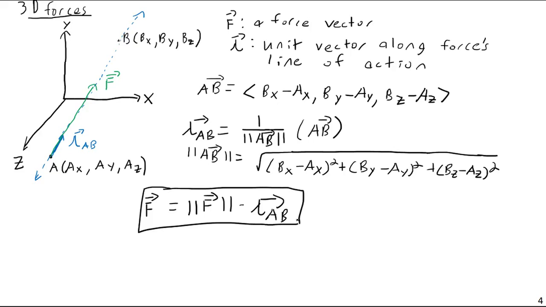In other words, if I had, say, a 10 kip force acting along this line, that would be the magnitude of F. And unit vector AB, I just multiply them together, and I can get the actual XYZ vector of force F. Simple, right?